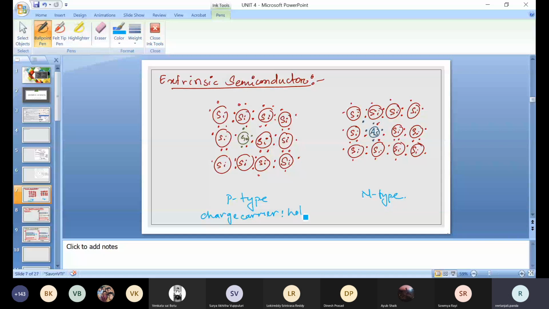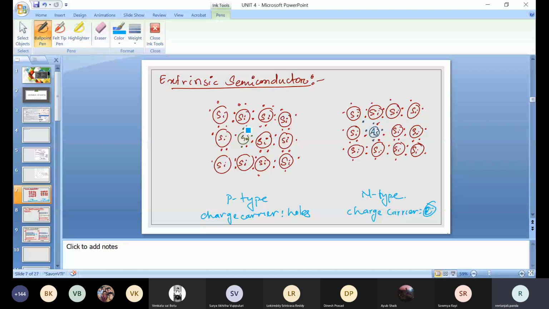So what we are doing here is adding the material from the third group and from the fifth group. If we add the material from the third group, its valence or outermost shell has only 3 electrons, so it will make a covalent bond with 3 neighboring silicon atoms, but one silicon atom will not form any bond with the dopant.